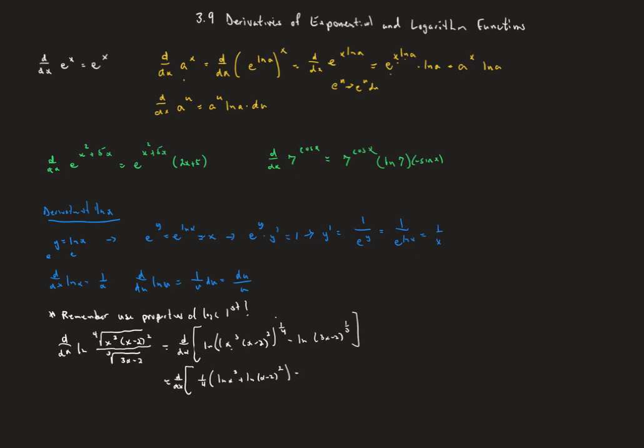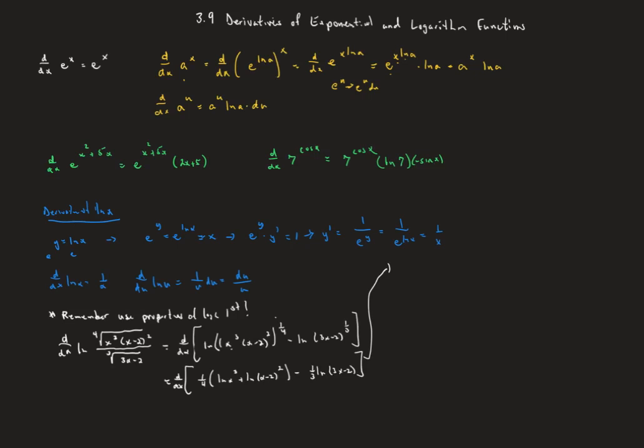Close that parentheses, minus 1/3 natural log of 3x minus 2.